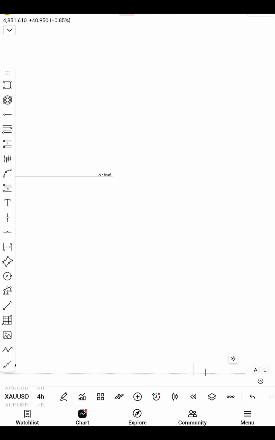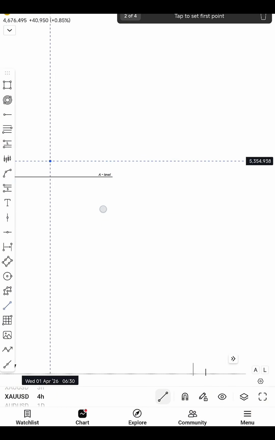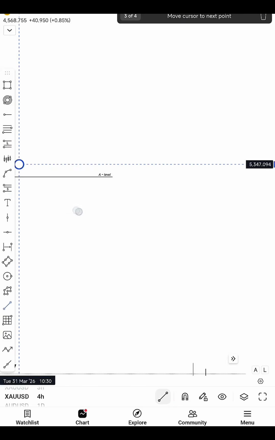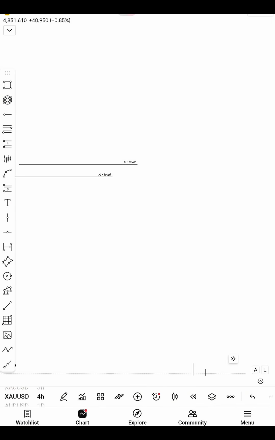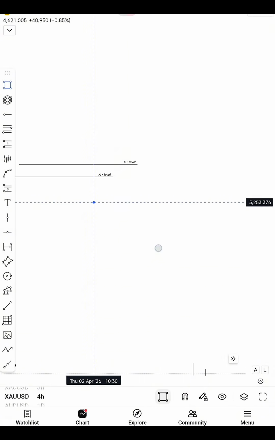Okay, but I just told you guys you have to check all the time frames. Now think in 3H, your 3H key level is here, somewhere here. Okay, and also let me draw the candle, how it's going to look.